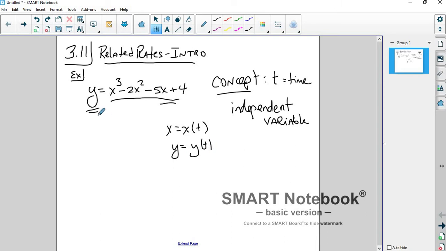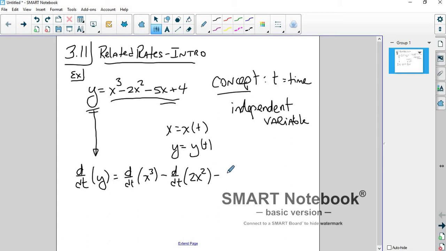And so when we want to find the derivative of something, we take the derivative, now implicit, with respect to t, just like we did other implicit differentiation. We take the derivative with respect to t of each piece. But just like when we took the derivative of y with respect to x, we had to use the chain rule because x was inside of y. Here, t is inside of both of these.